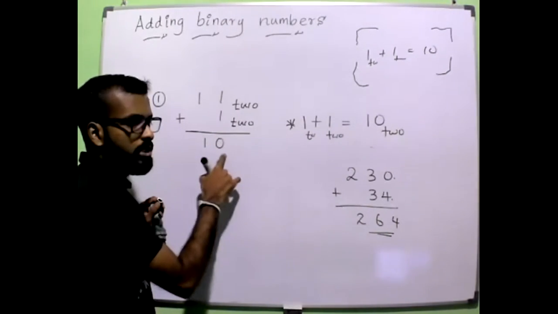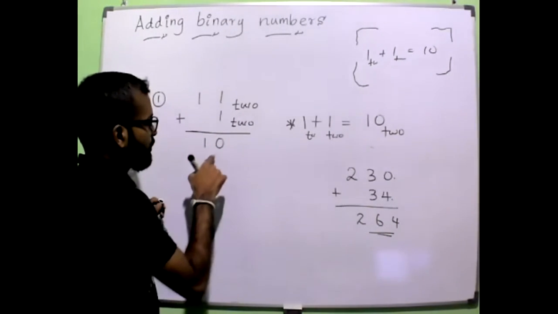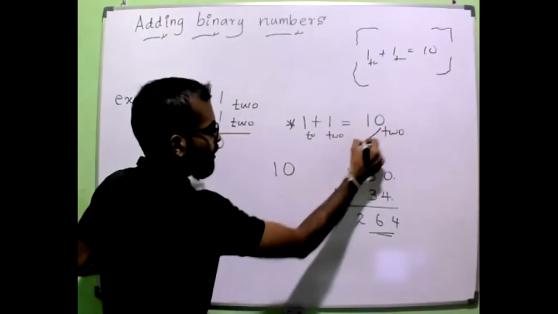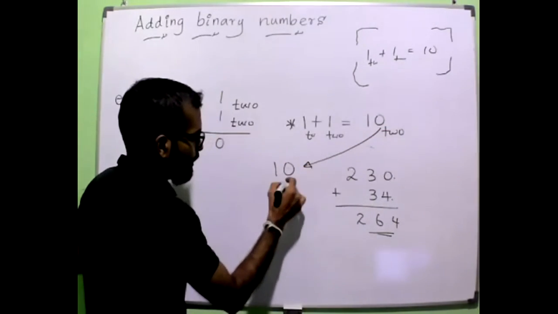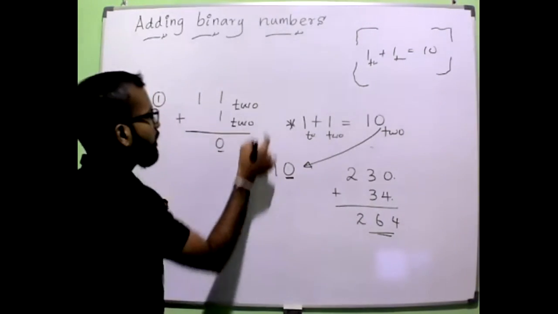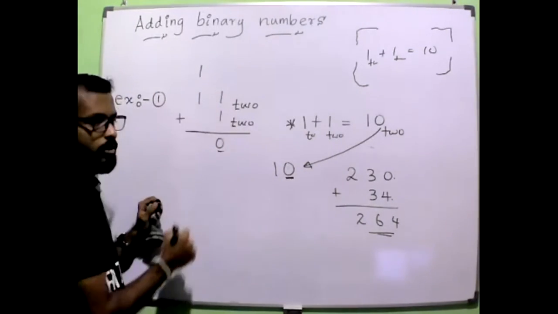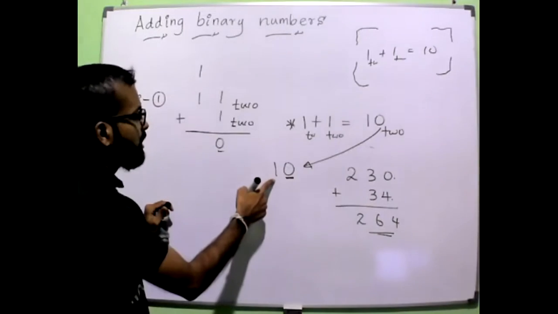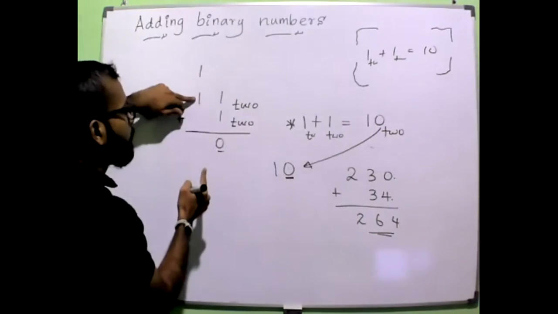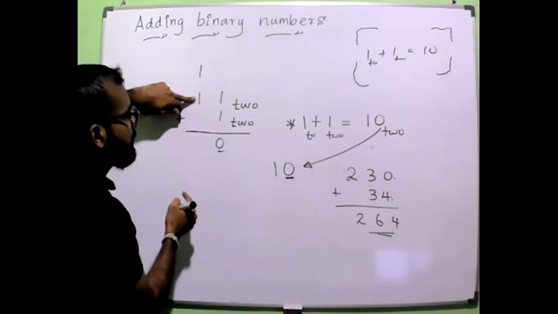Can you put 2 digits here at once? No. So I will put 0, because here I have 10 and I will put 0 only here. And I will take this 1 to the upper side, because this is the rest. It will go to my left hand side digit.